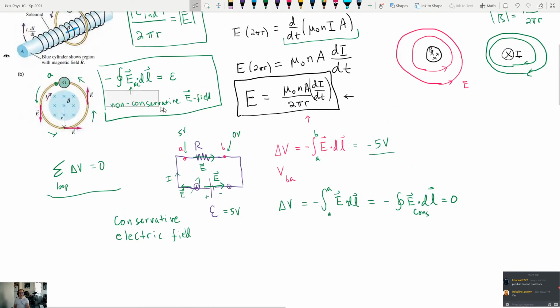The other thing to say about a non-conservative electric field is that non-conservative electric fields cannot be produced by point charges.